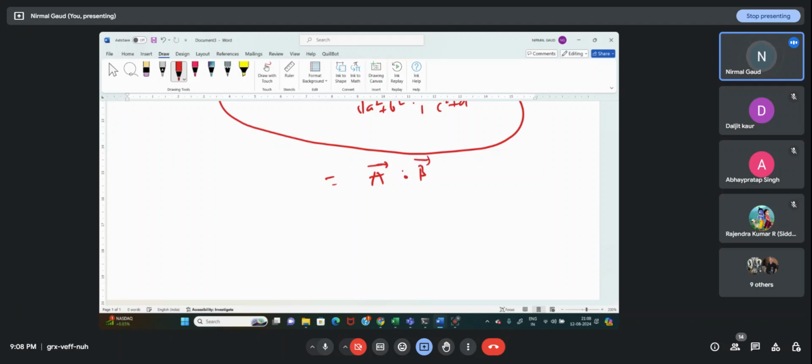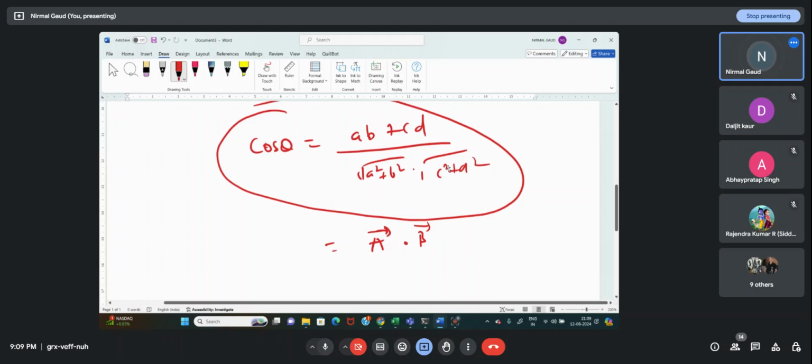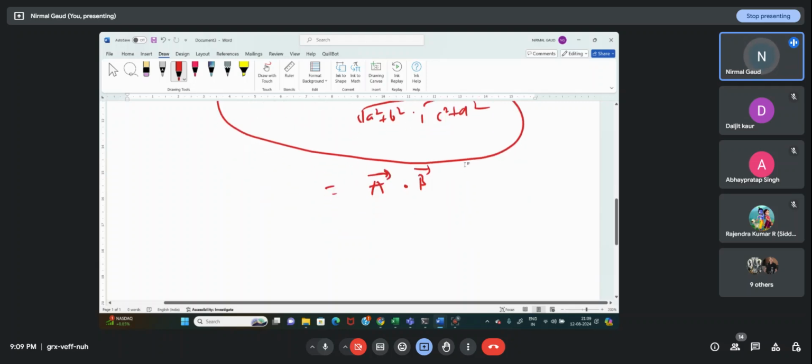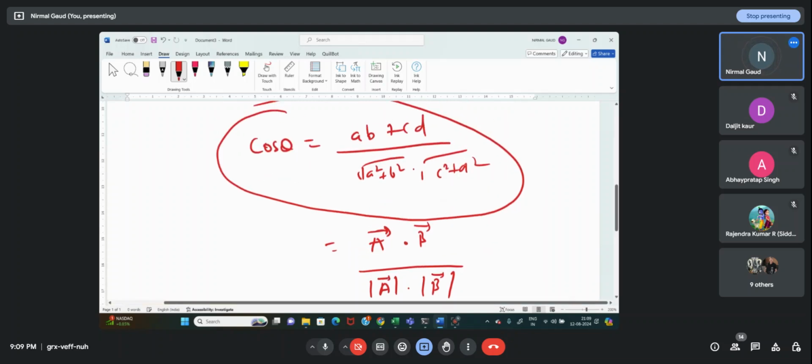That is the dot product of the two. And the terms under root are the magnitudes of these vectors, magnitude of A and magnitude of B.